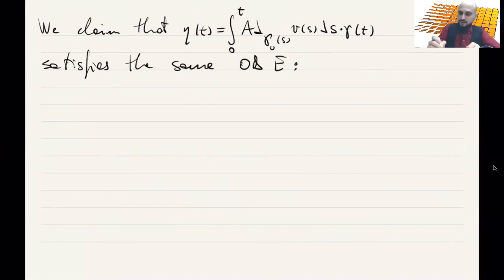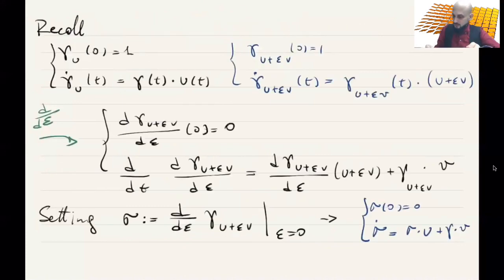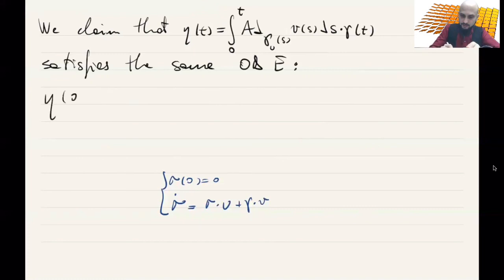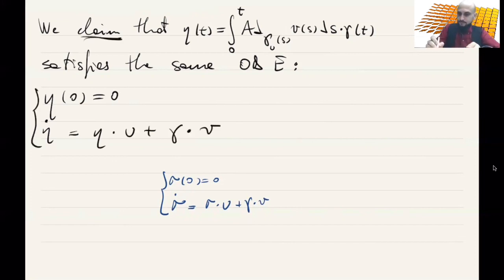Namely, what is the ODE? Let me copy the ODE and put it here. I write it now for eta: eta of 0 is equal to 0, and eta dot is equal to eta times u plus gamma times v. This is what we claim.